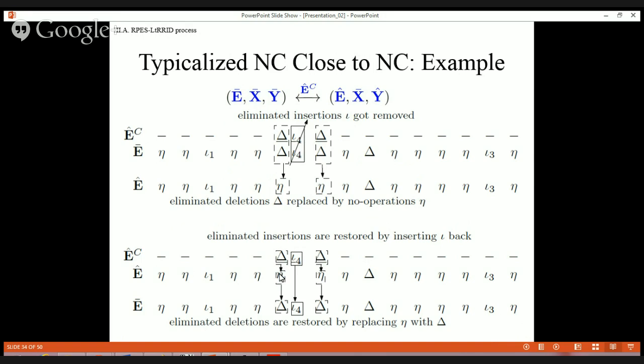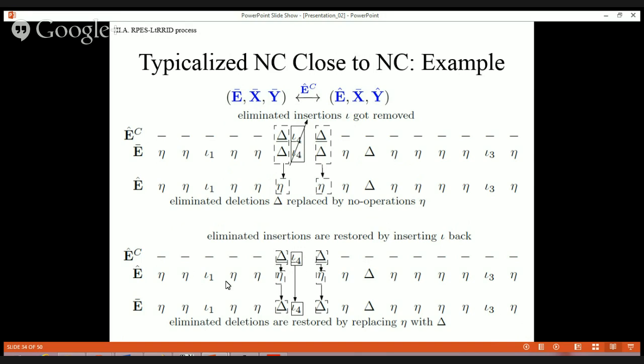So we change the corresponding alpha in E hat to delta to restore this deletion. And then we see an alpha underline, which indicates we eliminated an insertion to get E hat.